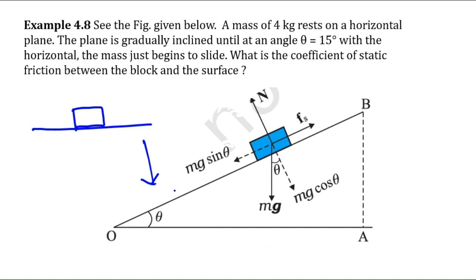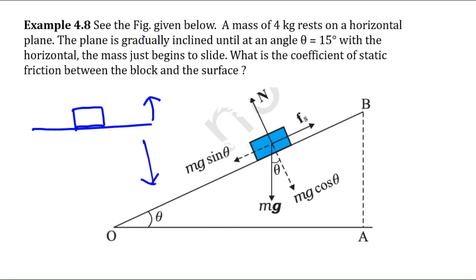Okay, so we have a block, and initially it was kept on a horizontal surface, and then we started making some angle with the horizontal. This horizontal surface was inclined to a certain angle, and at that angle it just starts to slide.